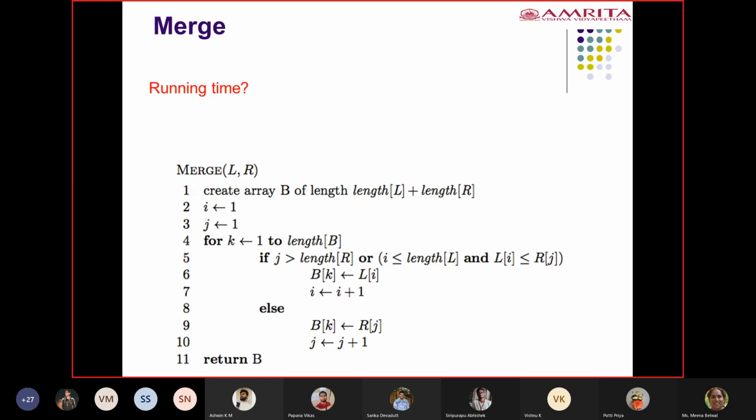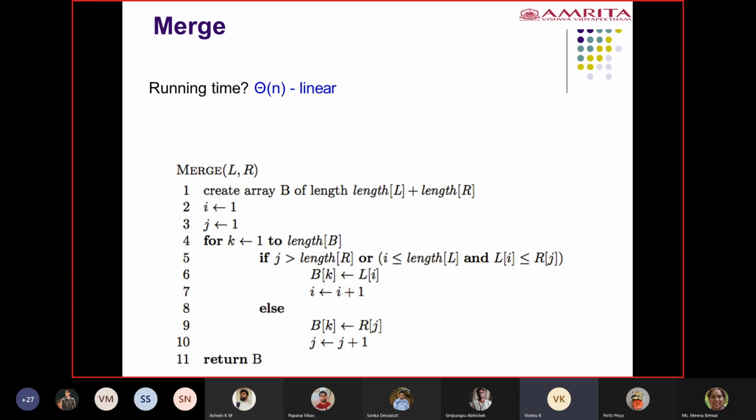Merge sort means you first divided it into two arrays, and then you perform the merge operation. So is this n log n the time only for merge, or for the whole merge sort? Whole merge sort.